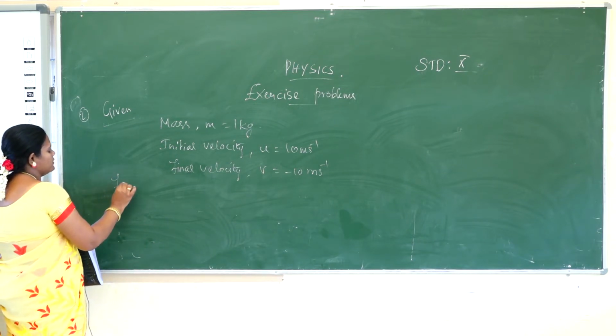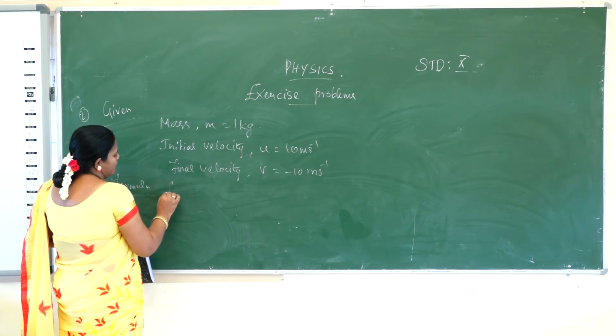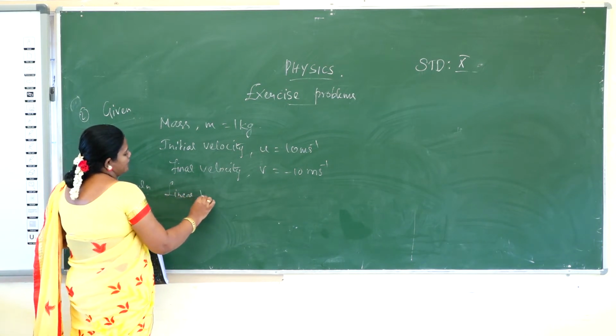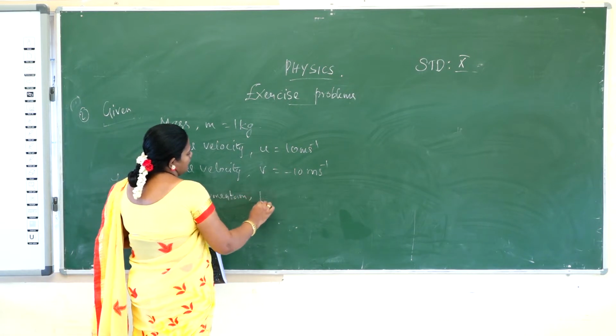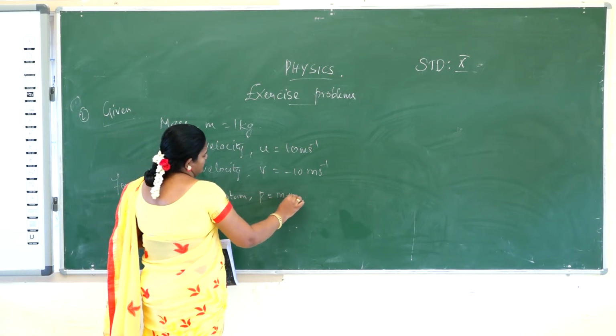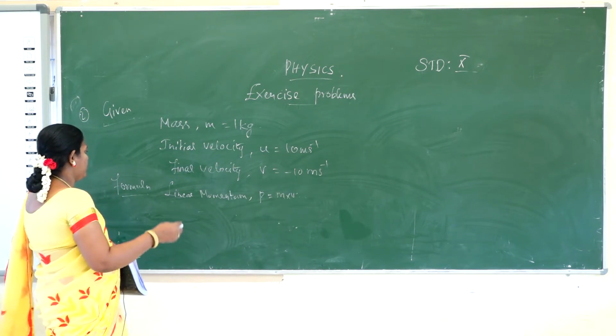What's the formula? Linear momentum P is equal to m into v. What will you find out?